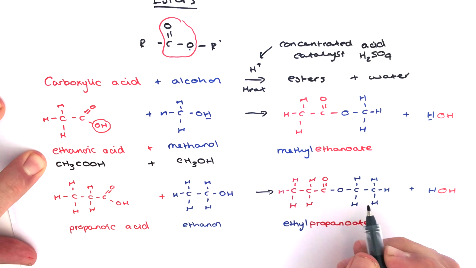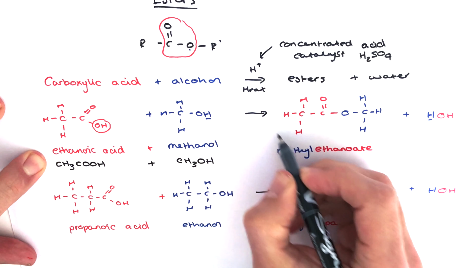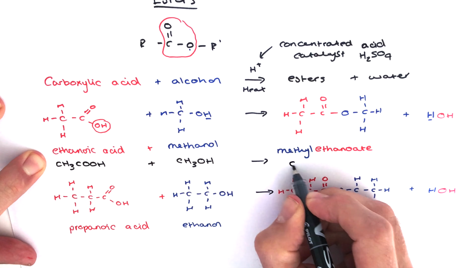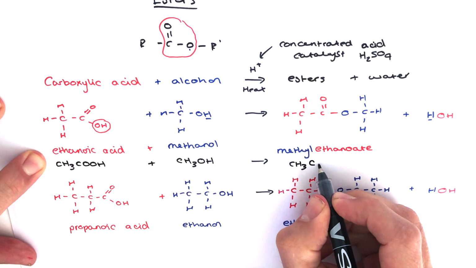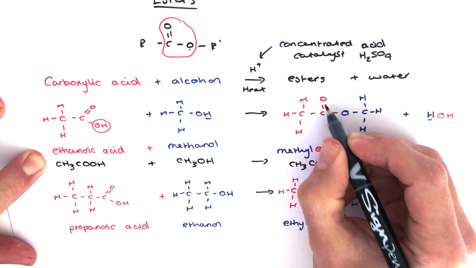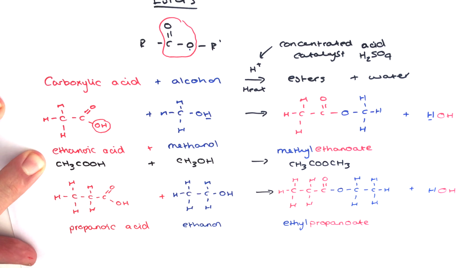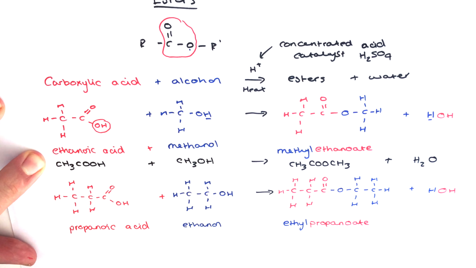And then our ester here, we'll use this diagram to draw it. So don't follow the name, follow the diagram for the displayed formula. This would give us CH3 for this group here, COO for these 3, and then CH3 for the rest of that ester. And then our other product is water on this reaction.